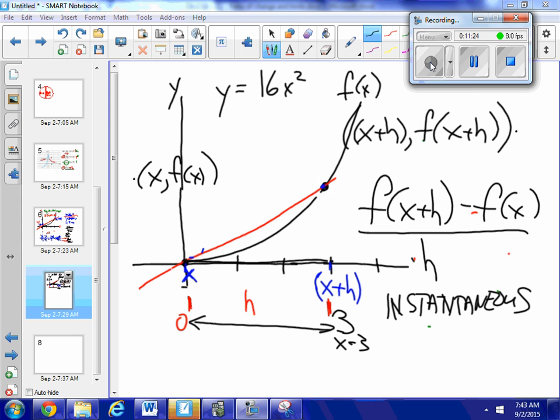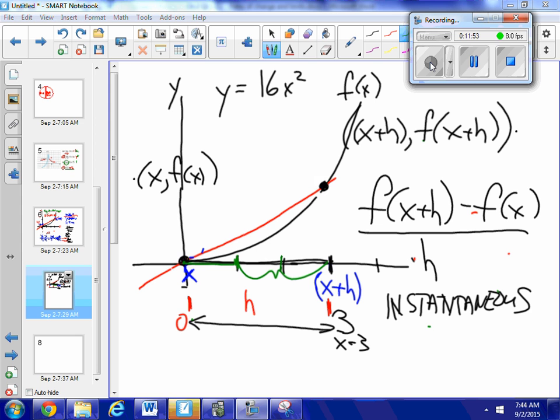But I've got a problem, because usually when I figure out slope, I have to have 2 points to figure out slope. Average rate of speed, I had 2 points. I had that point and that point. But when I say instantaneous, I only have this 1 point. How am I going to deal with that? Well, here's what's happening. The distance h as I'm approaching this 3 seconds, well, if I went to here, I would have h of 2 seconds.